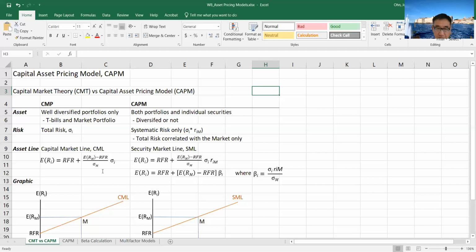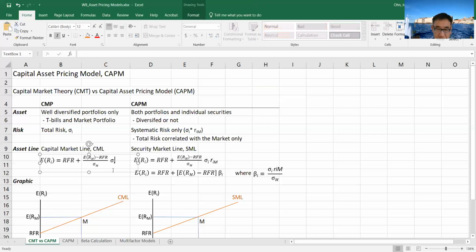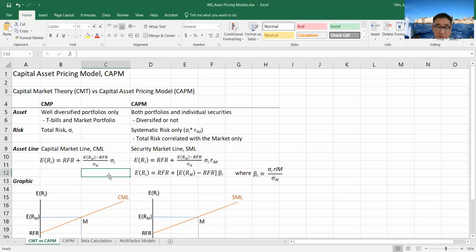Now, to derive the security market line, which is the graphical illustration of this CAPM model, instead of using the standard deviation, we put the standard deviation times the correlation coefficient, sigma times rho_iM, and that's it, right?